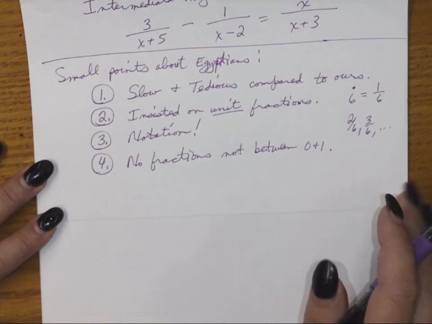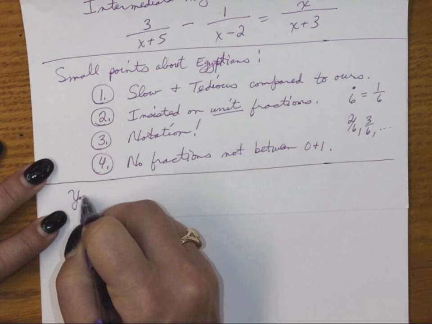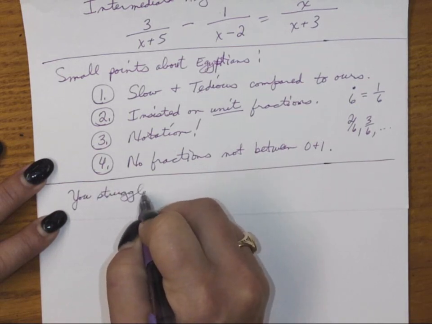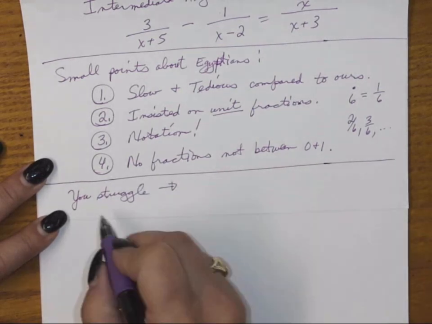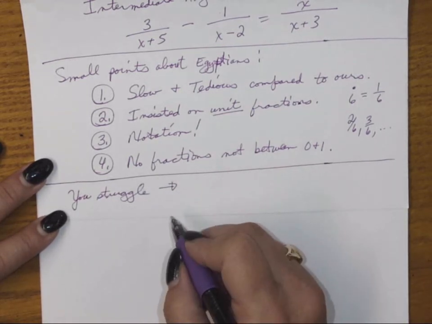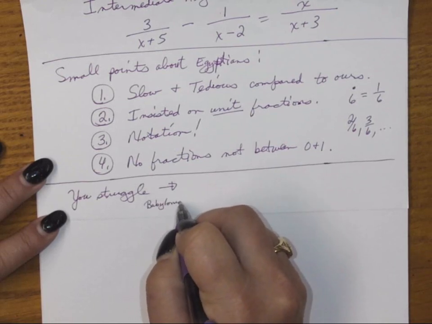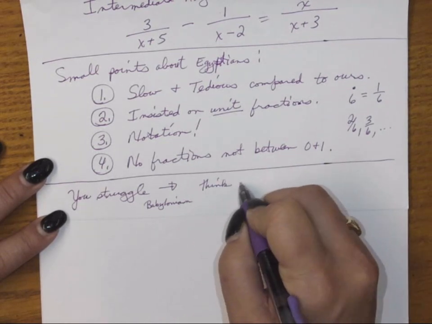Okay, so if you struggle, and again, I know not everybody in here is going to be a teacher, but a lot of you were. Probably about half the class was future teachers. Okay, so if you struggle working with Babylonian stuff or Egyptian stuff or whatever, I want you to think about a student that's going to see that for the first time.